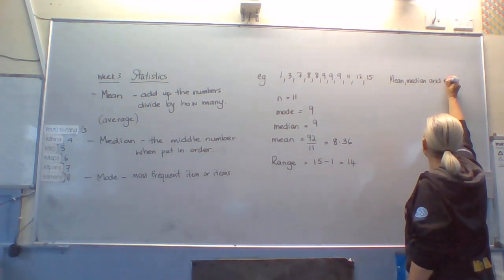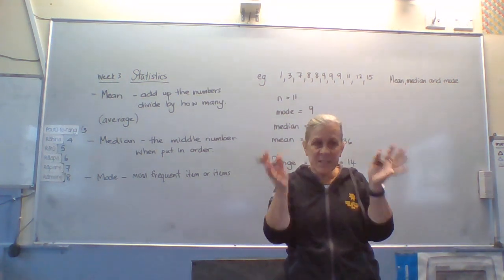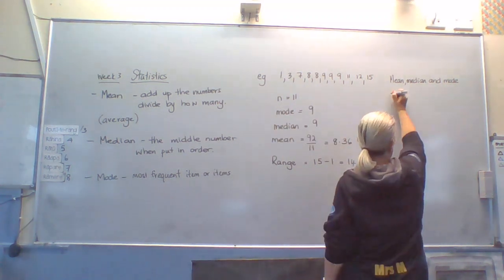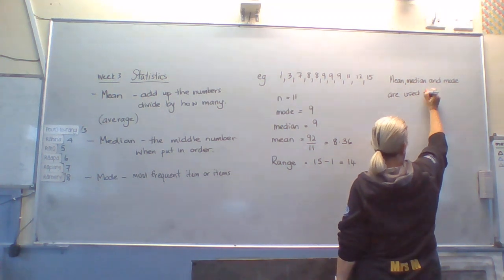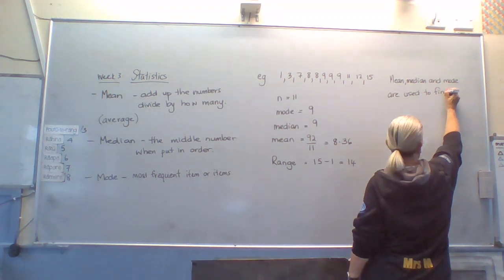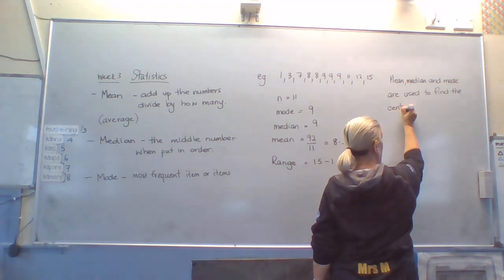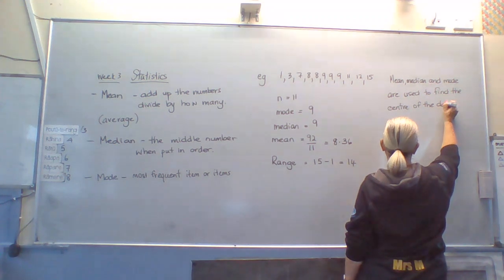Okay, so mean, median, and mode are used for a certain purpose. They are used to try and tell us where the middle of the data is, where the centre of the data is a better word. So we've got a special name for these three.